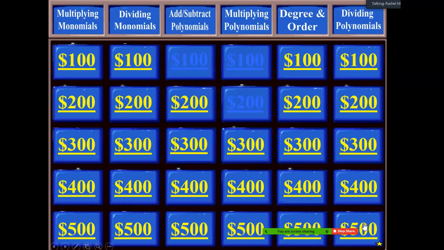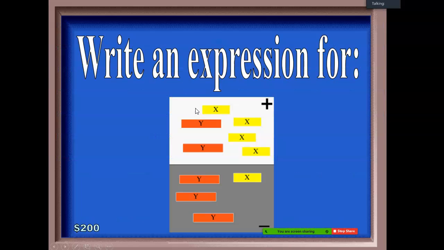Okay, Jake, category of points. So add up all the x's and add up all the y's from both. If these are positives and those are negatives, you add them together. 3x minus y. What'd you pick? Add and subtract? Yes, you're correct.